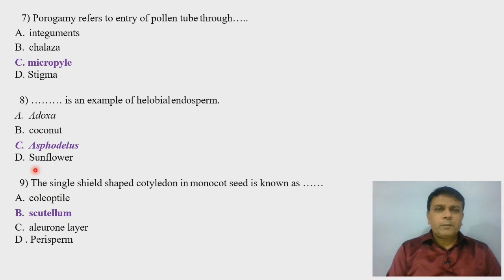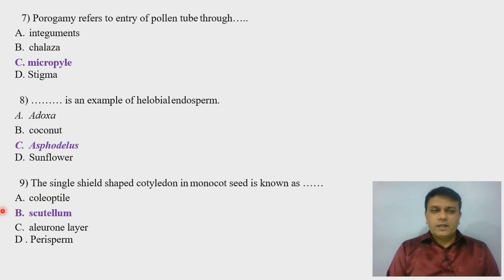So helobial type of endosperm is found in Asphodelus.